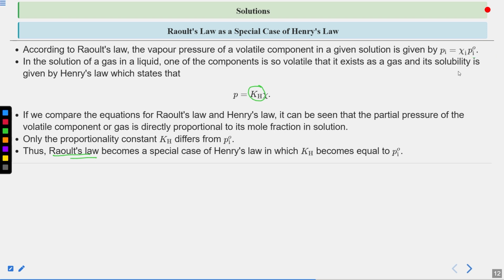It is the pressure of the pure component 1. So this is very important to understand. I guess you are getting the point of this similarity in Raoult's law and Henry's law, and you just try to appreciate that Raoult's law is nothing but a special case of Henry's law, where your Kh becomes equal to P naught i, or P naught 1 if it is component 1.